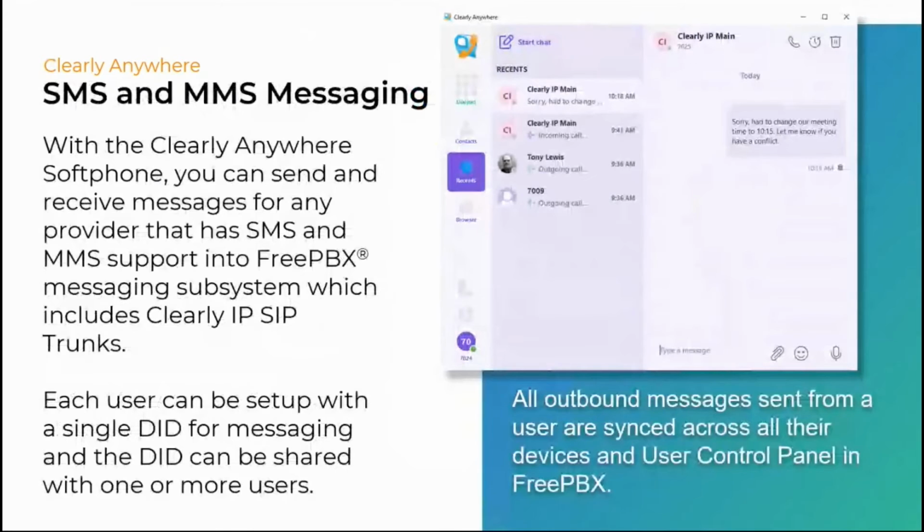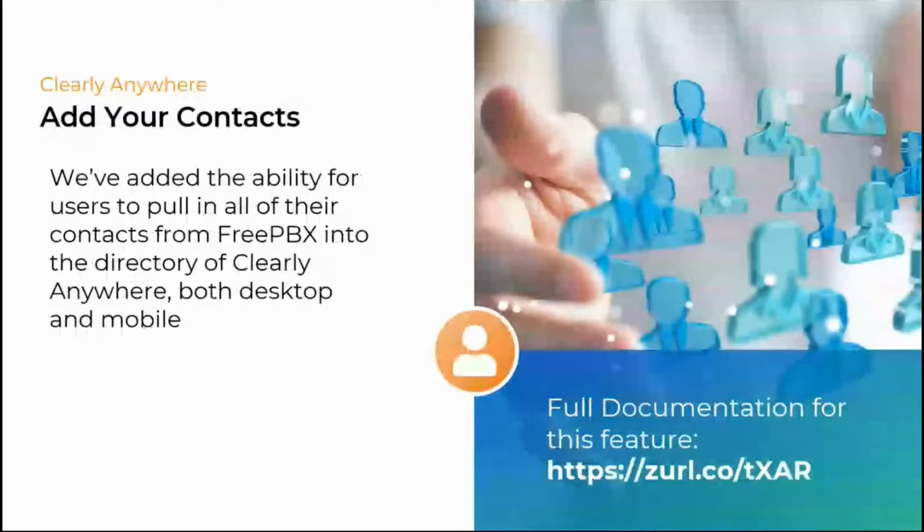Another great feature of our softphone is SMS and MMS support right from the softphone. This allows you to send and receive a quick message if you notice a coworker is on the phone currently. And I do want to mention that our Clearly Anywhere is optimized for FreePBX, works with our ClearlyIP platforms as well as many other IP-based platforms. So another important consideration.